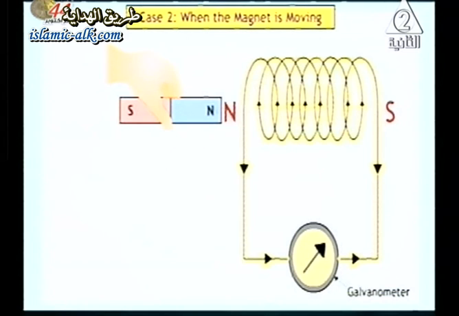Why? A repulsion force between the two like poles resists the approaching of the north pole, resists the motion of the magnet.